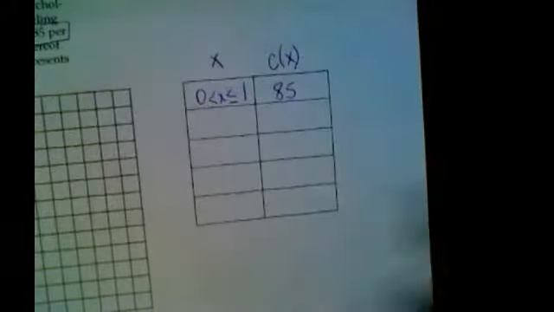So let's say you go and you talk to the psychologist for an hour and 15 minutes. It's now going to be 2 hours. Or if you talk to them for an hour and 30 minutes, they're going to charge you for 2 hours. If you talk to them for 2 hours, they're going to charge you for 2 hours.